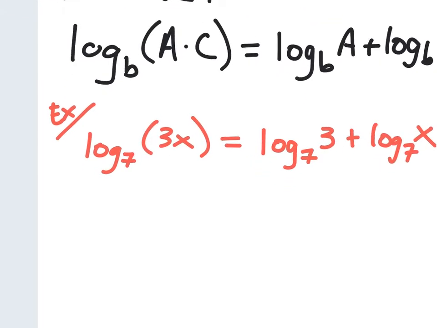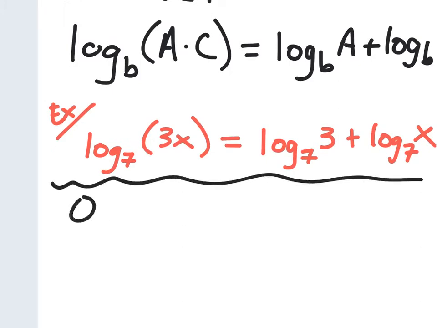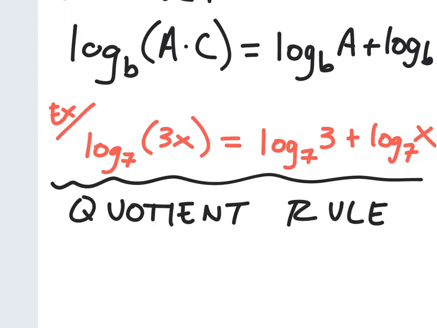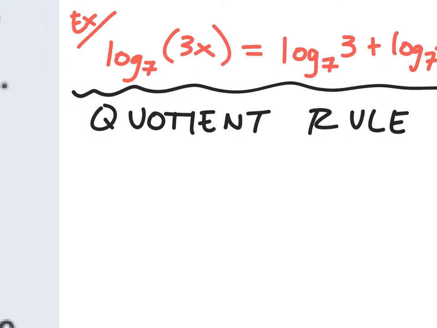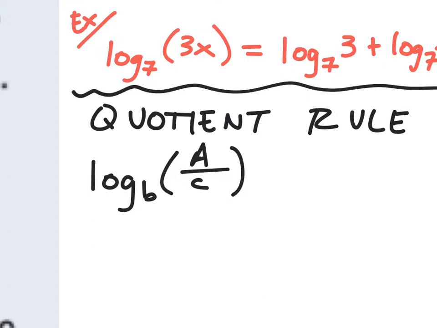So now let's talk about the quotient rule. The quotient rule states that if I have some logarithm, log base b of a divided by c, then I would write that as the difference of logarithms.